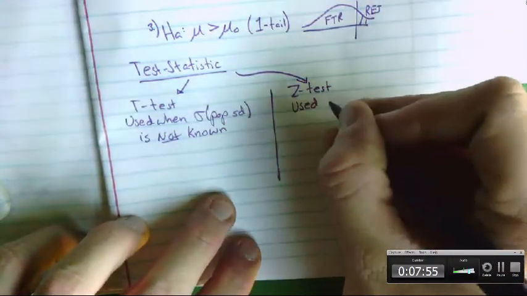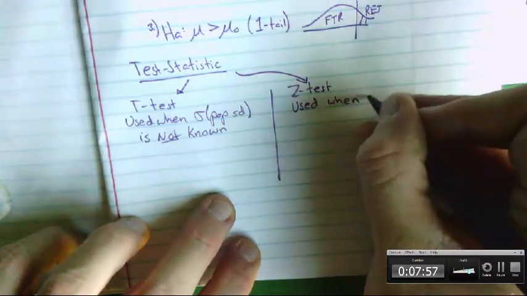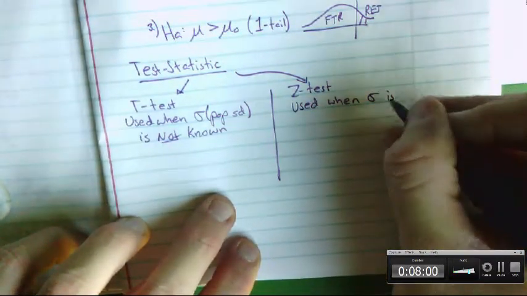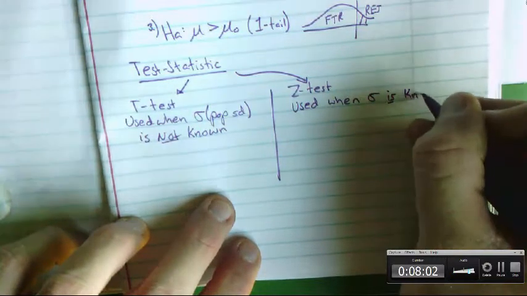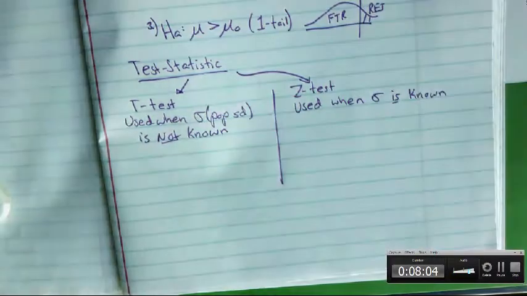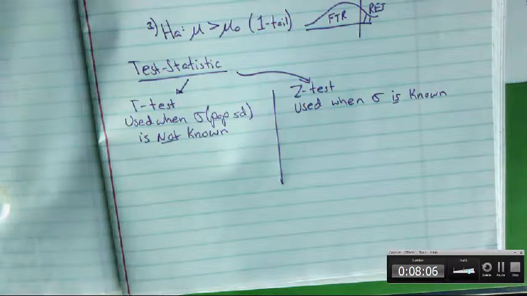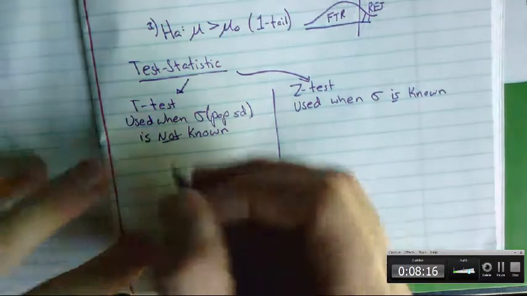And then the z-test will be used when the population standard deviation is known. Same concept. T-test, z-test. One's used when you have the population standard deviation not known, and one is used when the population standard deviation is known. The formula for T.